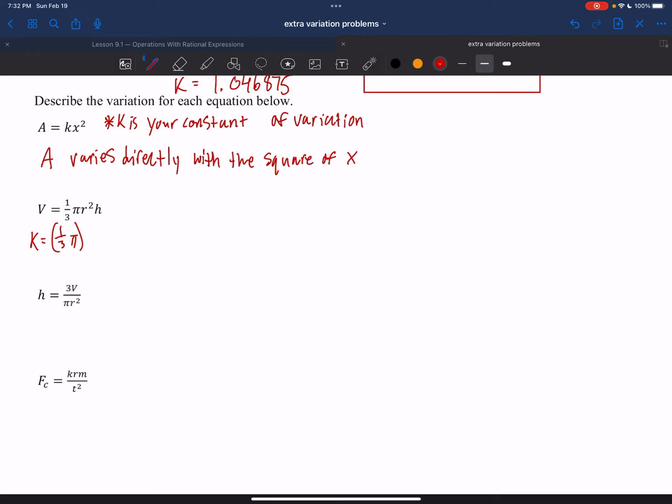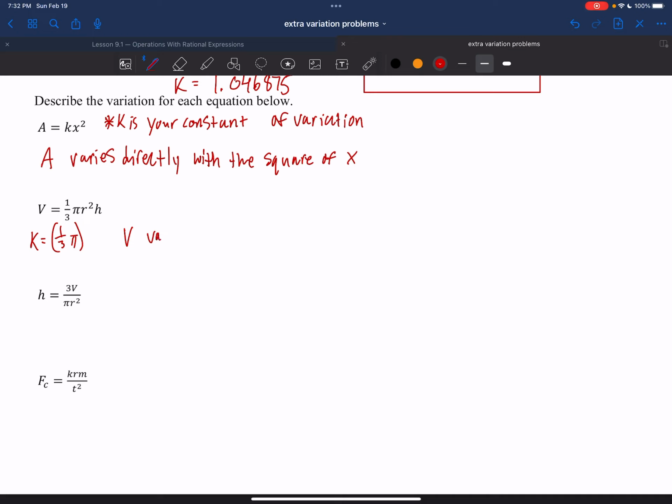And since it's r squared times h, two variables jointly varying with volume. So I will say that I'm assuming it's volume because it looks like a volume equation. We don't actually know what these letters stand for, but we can kind of make an inference from it.